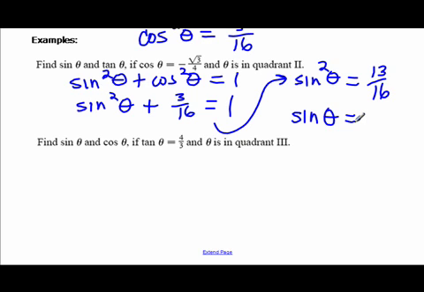Right now we would say, back to algebra, take the square root of both sides of an equation. Can't forget the plus or minus. We would get plus or minus the square root of 13 over the square root of 16, which is the square root of 13 over 4. But now because I'm in quadrant 2, and I know that sine is positive in quadrant 2, I can get rid of the plus or minus.